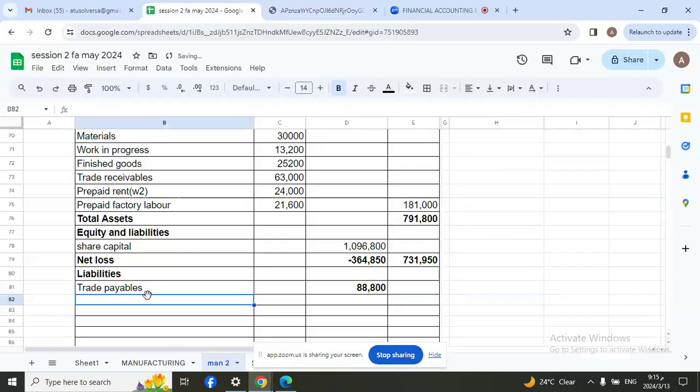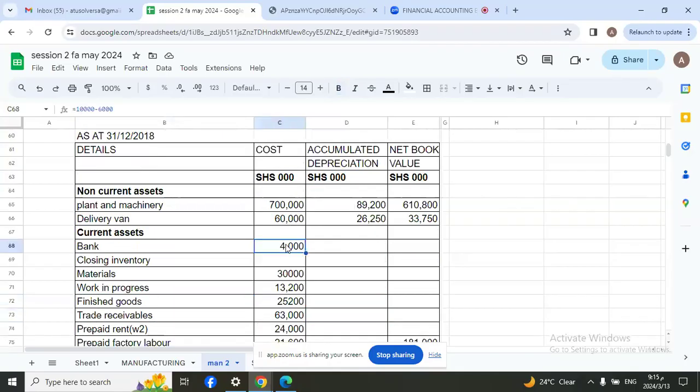What else? Overdraft. Overdraft, you remember what we said? You had an overdraft of 6,000, but during the year you received 10 million. So when you get 10 minus the negative balance you had on the bank, you will remain with 4 up here. You remember that? Okay.